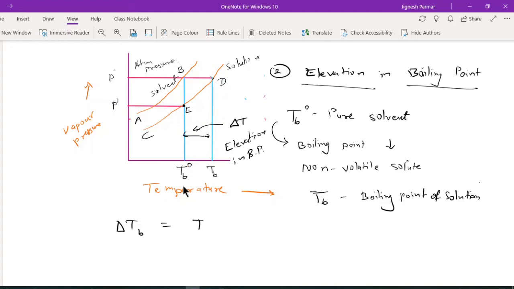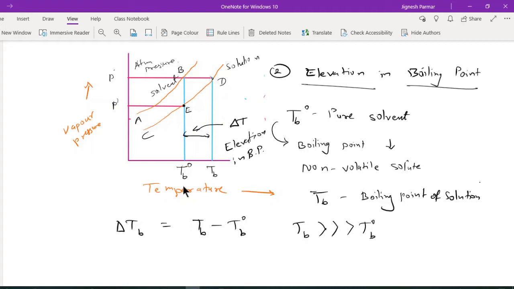Tb is always greater than Tb naught, where Tb naught is the boiling point of the pure solvent. This is the change in temperature.